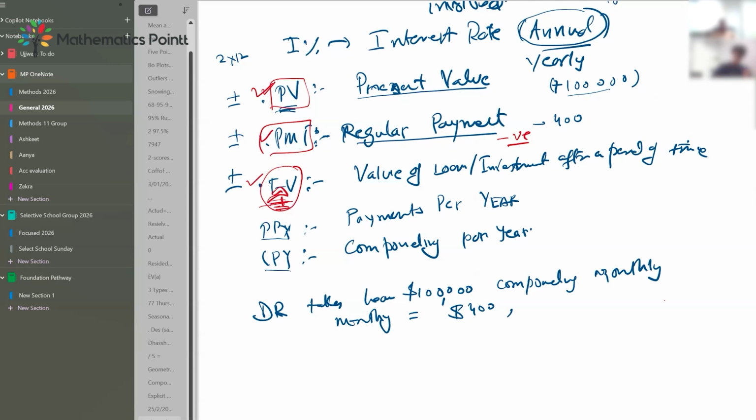And Darshan has taken this loan for 10 years.